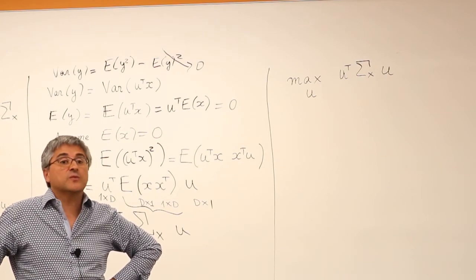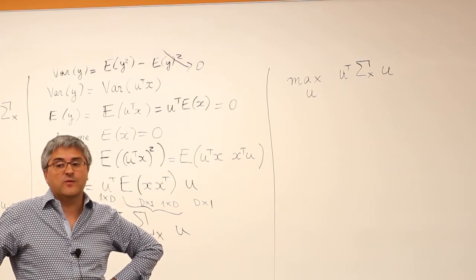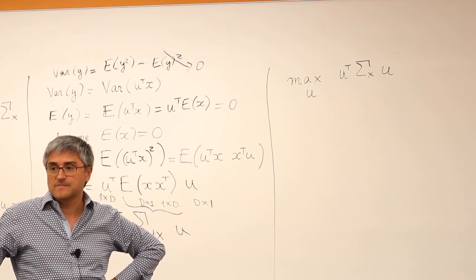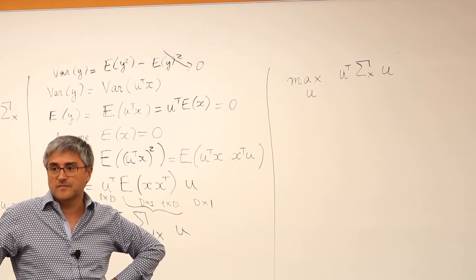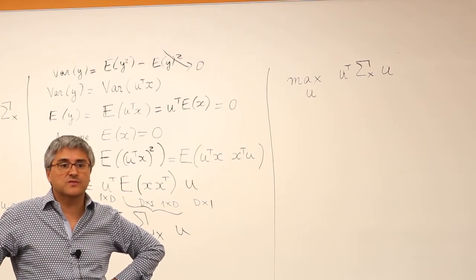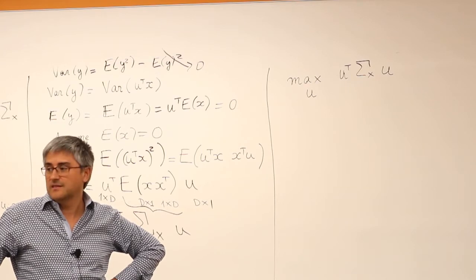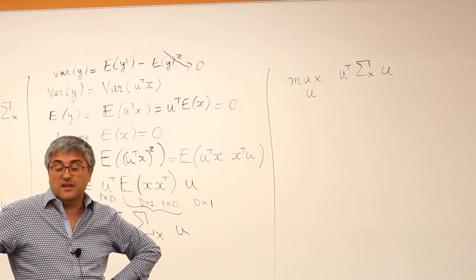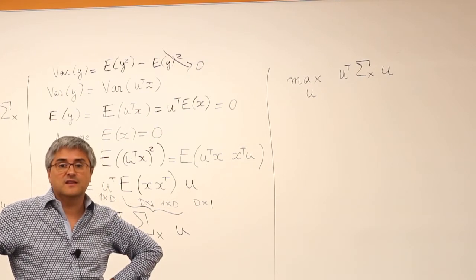What is the maximum of u squared, when u can be anything? Can I let u go to infinity? I didn't say anything about that. If u goes to infinity, what happens to u squared? It goes to infinity. So the maximum of this is going to be infinity.